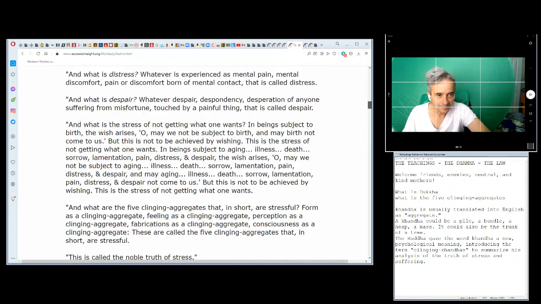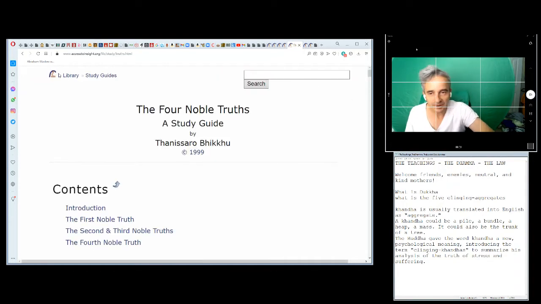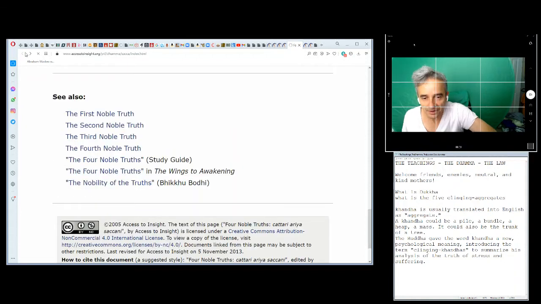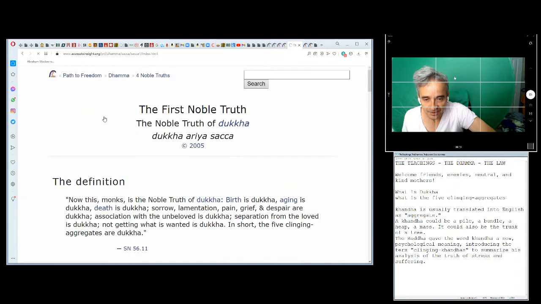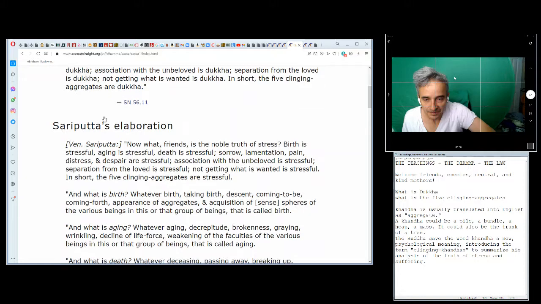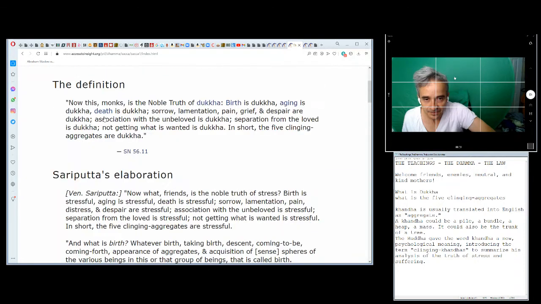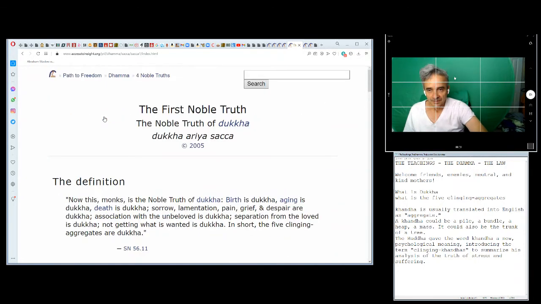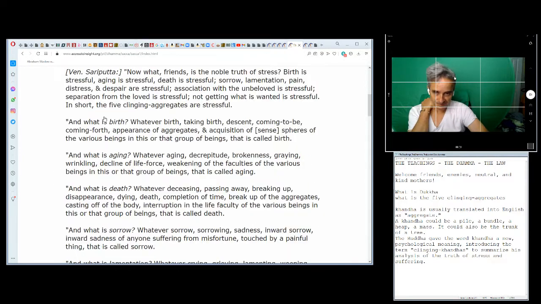The second, the nobility of the Four Noble Truths in Wings to Awakening. Let's see what that is. What is Wings to Awakening? Wings to Awakening.